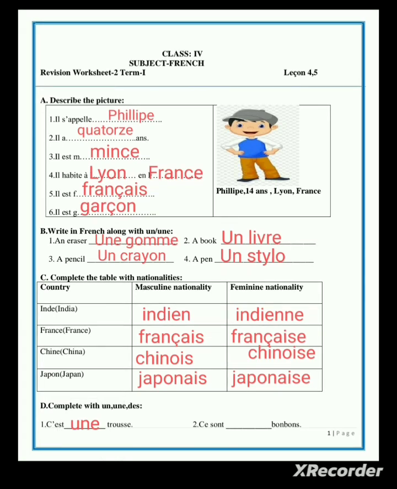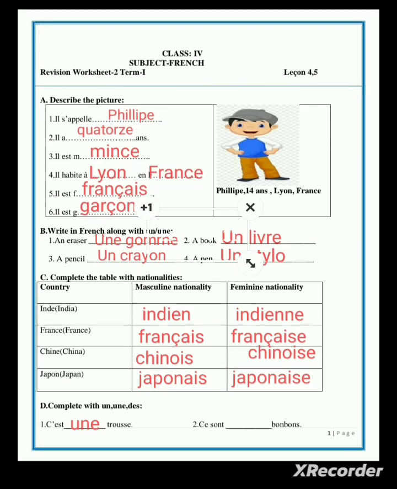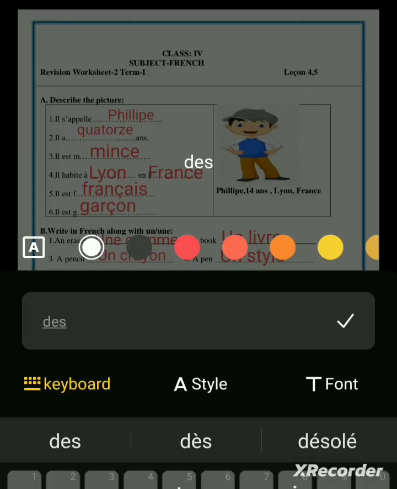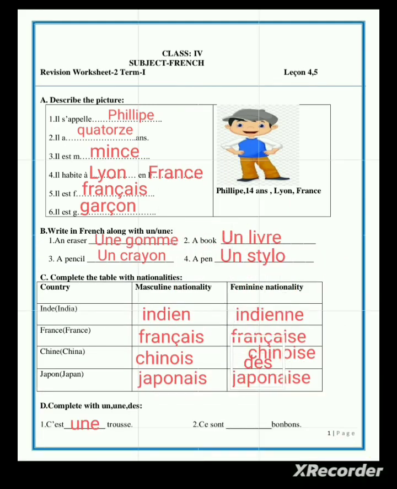Next is bonbon. Now bonbon means candies. Ce sont. Ce sont means these are. So it is showing that this is in the plural form. So in plural form, what we will write? Des. Yes, we will write des at the end.